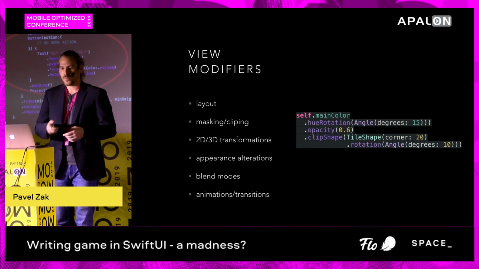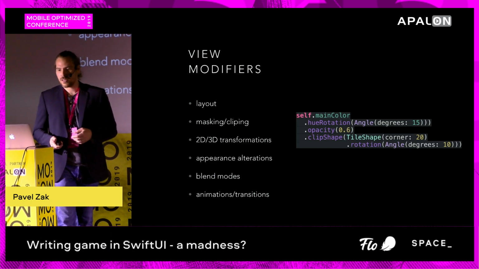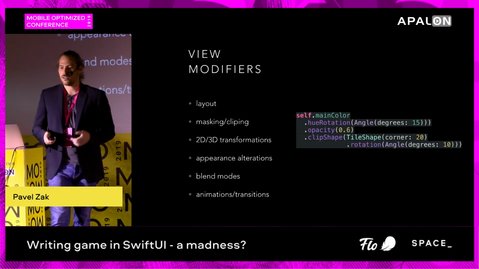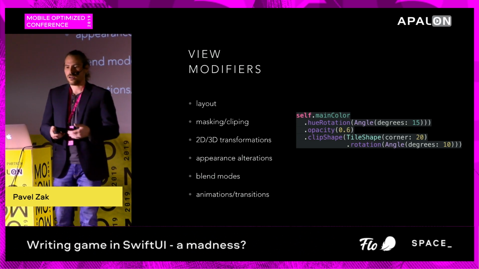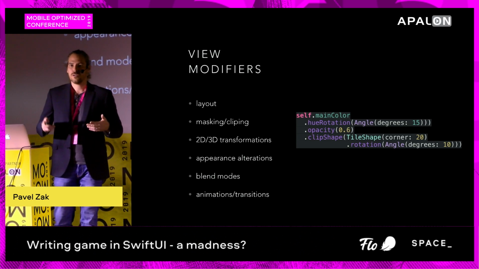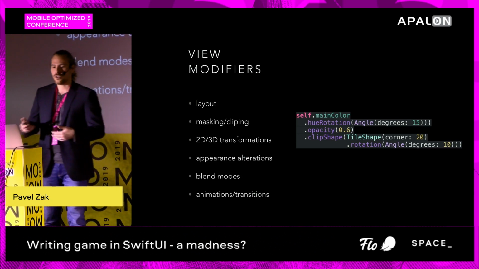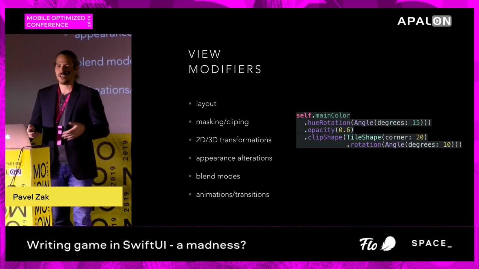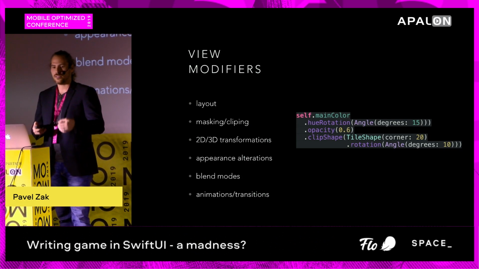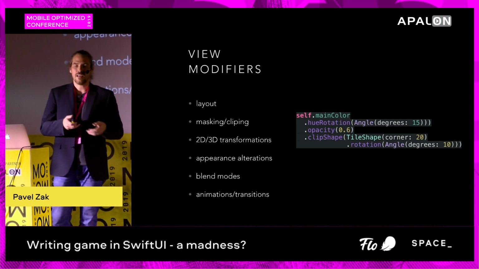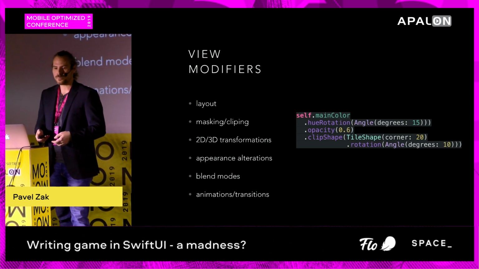And the view modifiers are basically methods that can change anything about your view. You can change layout, foreground and background properties like colors, change gradient fills, set shapes, set animations, transitions, whatsoever.